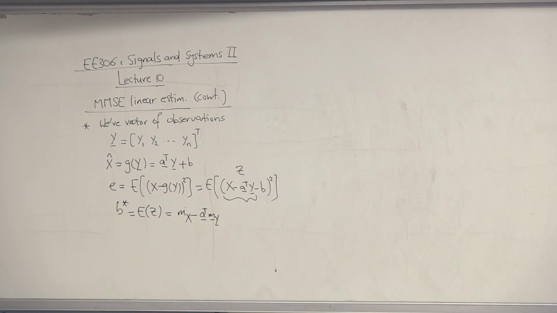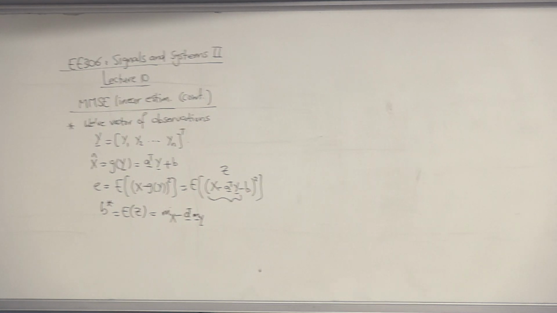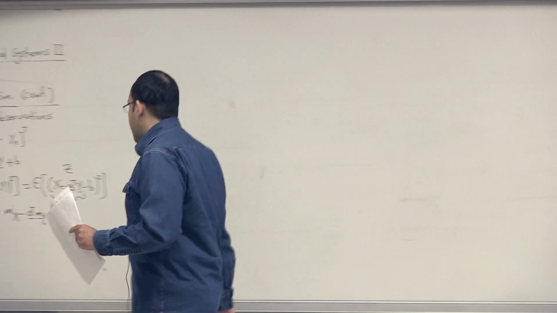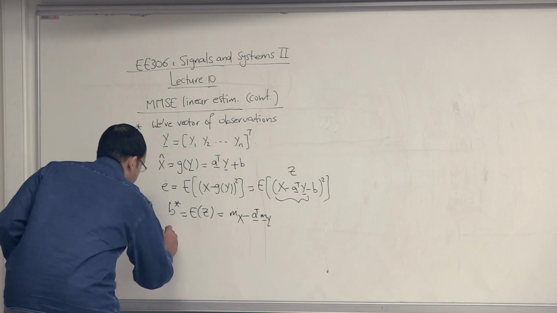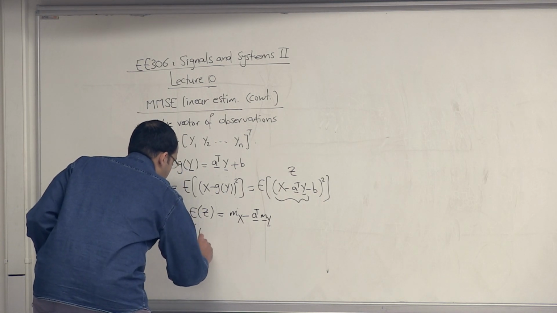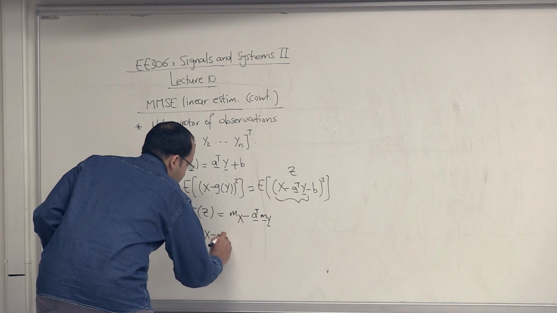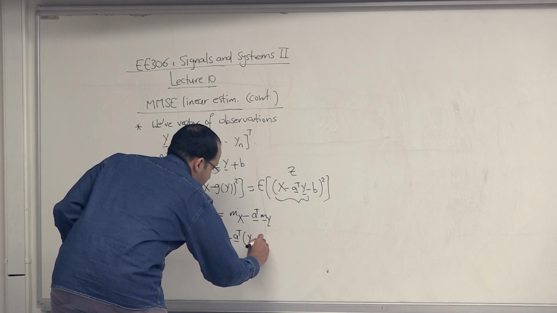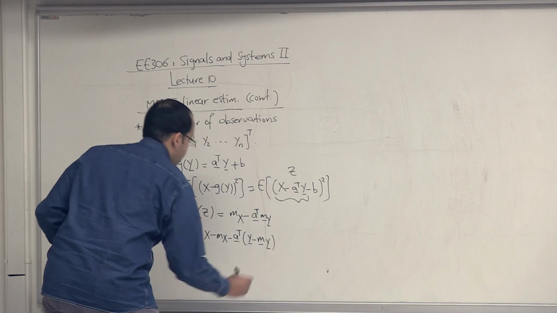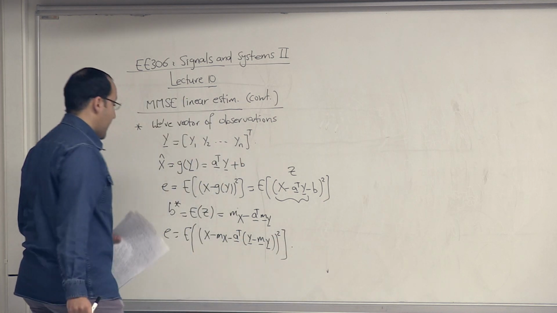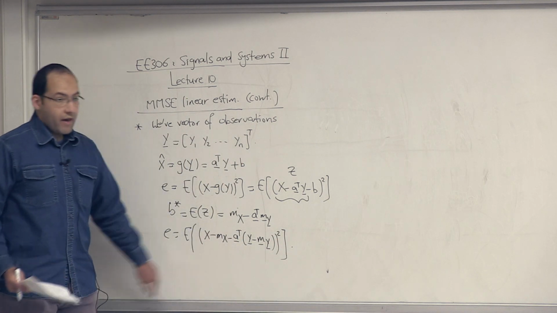You don't really have many options, right? It's just the expected value. Now we have an idea about b. E is becoming a function of A alone, which is the expected value of x minus mx minus A transpose y minus my. Everything is now a function of A as the only variable in the equation.